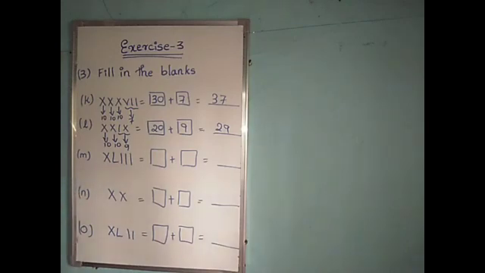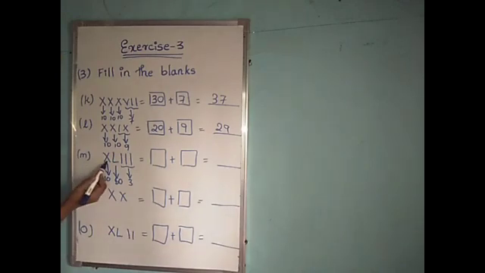Then M1. Here X is the symbol of 10 and L is the symbol of 50. Then I is the symbol of 3. Here X is the letter of smaller value and L is the letter of greater value.